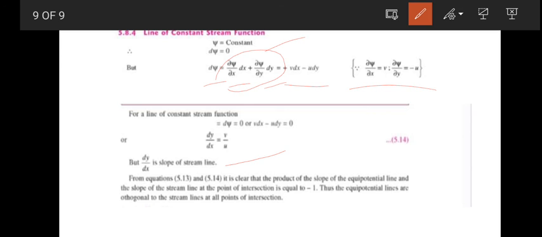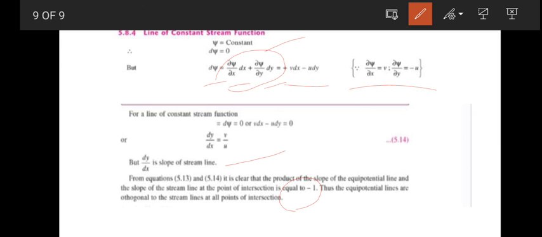Okay. So from the previous equation of the equipotential line and the constant stream function line, it is clear that the product of the slope of the equipotential line and the slope of the streamline at the point of intersection is equal to minus 1.